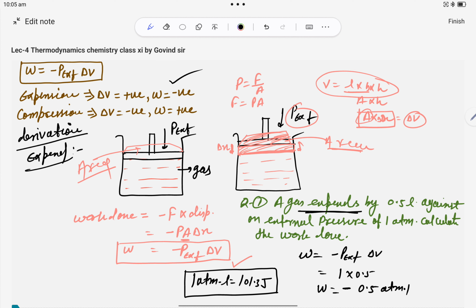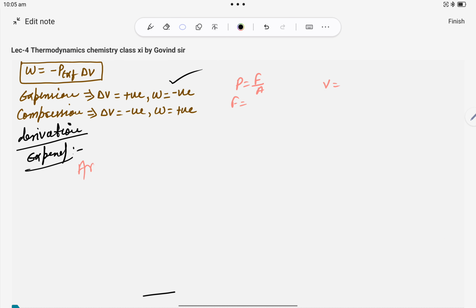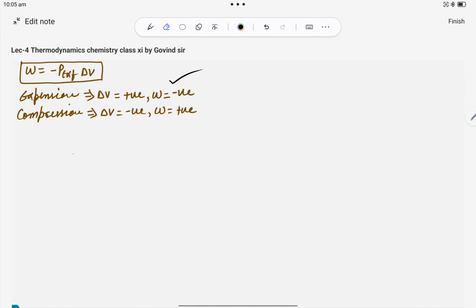Okay, this is the formula, that is the note, remember always. Now check it. Question number 2.